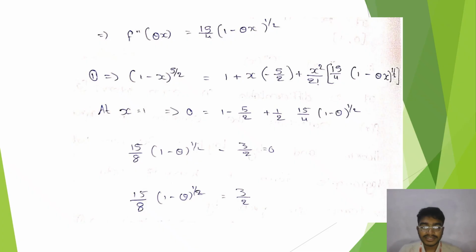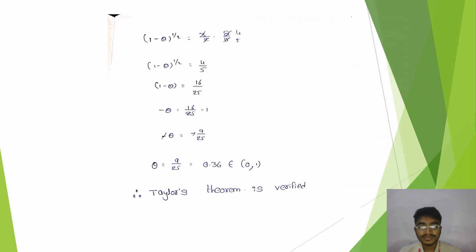We send 3 by 2 to that side: 15 by 8 into (1 minus theta) power 1 by 2 is equals to 3 by 2.